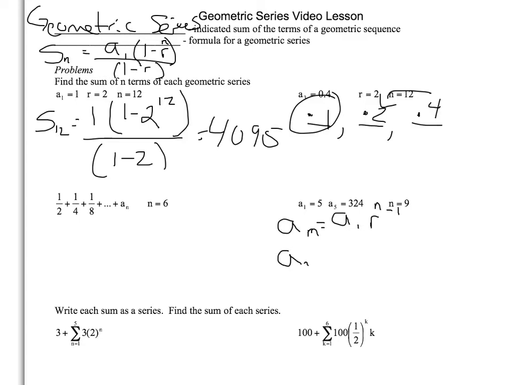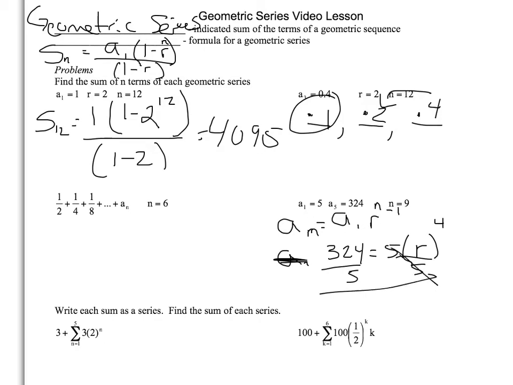So An, in this case A5, which is 324, will equal my first term times my r, which I don't know, to the n minus 1 power, well, to the 4th power. A1 is 5, that's why I put the 5 there.